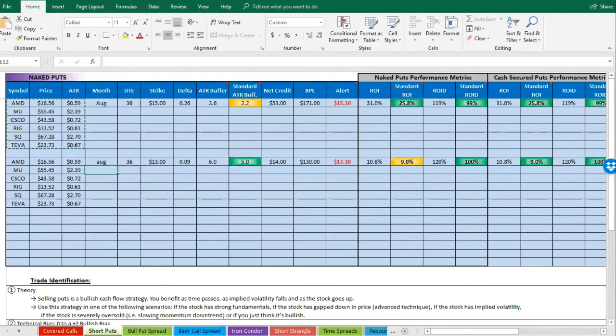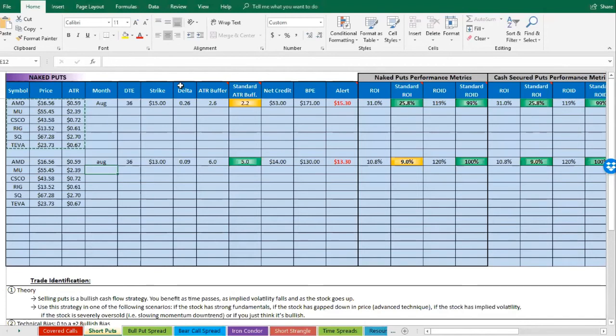Probably the 9 delta. No, it doesn't really depend. Okay. Cushion is a priority over credit. See, if you can get more cushion and still get enough money to make a good trade, you take it. Cushion is a priority over credit.